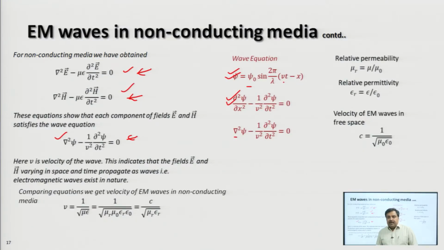Now, if mu 0 is the permeability of free space and mu is the permeability of the medium, then relative permeability is defined as mu r equal to mu by mu 0, and relative permittivity is defined as epsilon r equal to epsilon by epsilon 0.